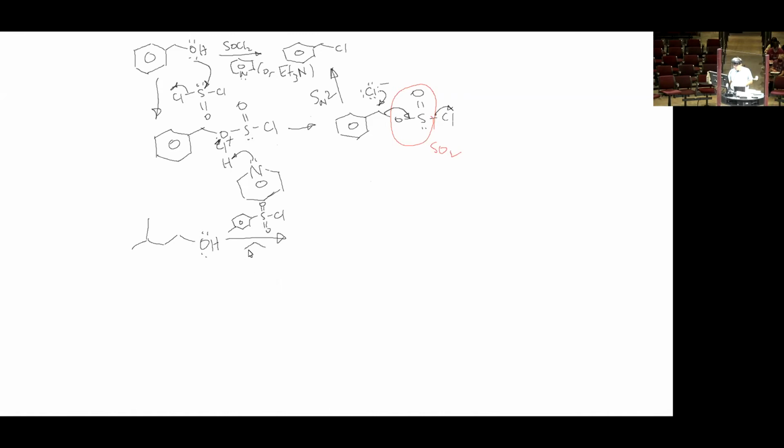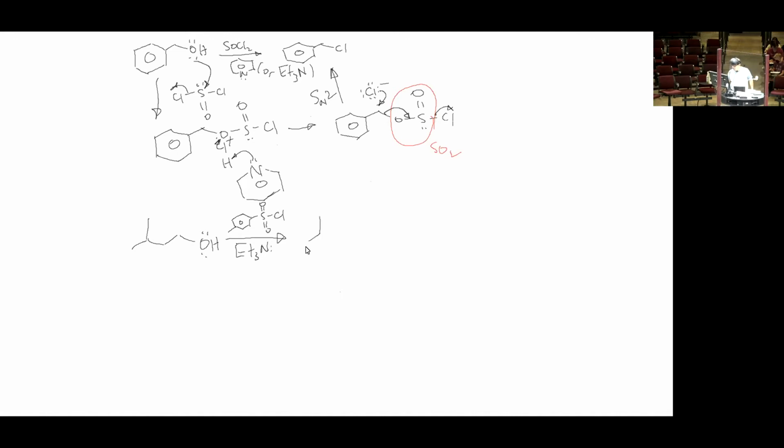Again, we need pyridine or triethylamine or some base. Actually, maybe I'll just go ahead and use triethylamine here, just so you get used to seeing what that looks like. But it's no different, really. If that's the base you're given, then you just use that nitrogen atom in the triethylamine as your base.